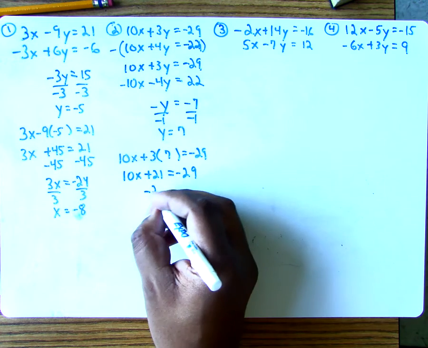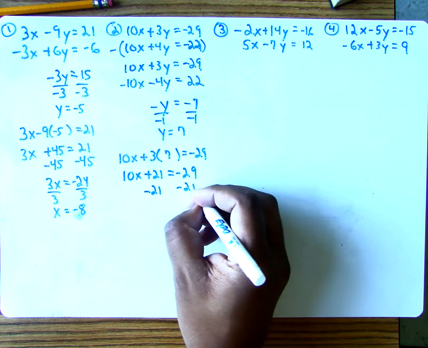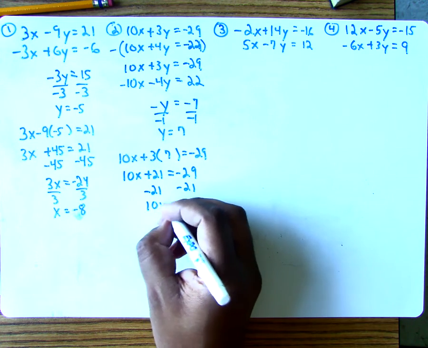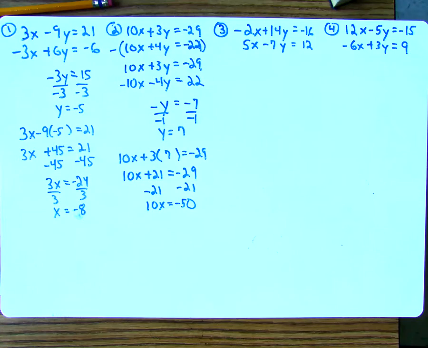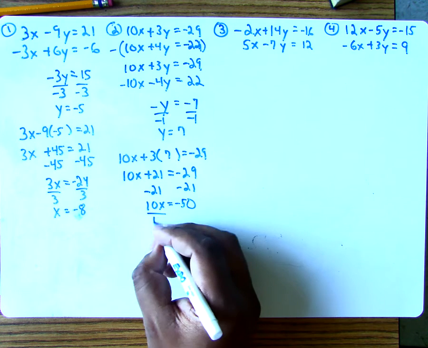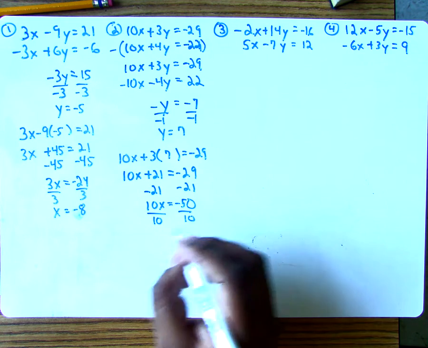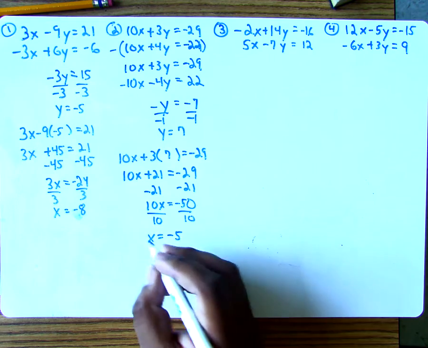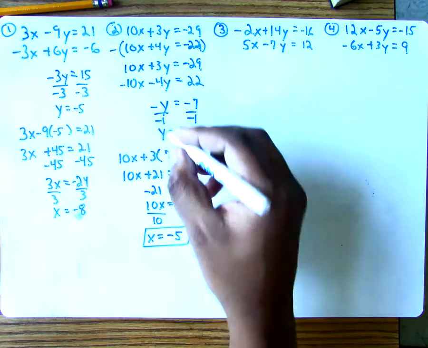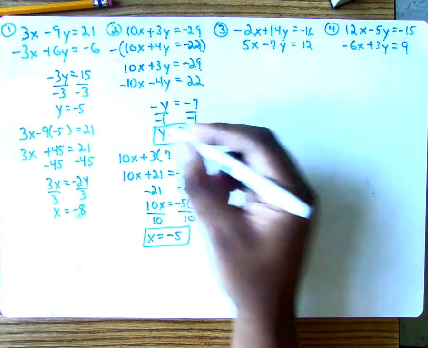You'll subtract 21 on both sides. And 10x is equal to a negative 50. And then we're going to divide by 10. And x is equal to a negative 5. So here's our x. Here's our y.